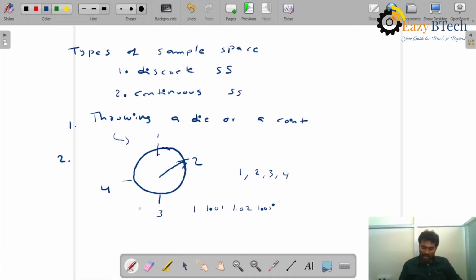That means between 1 and 2 you have an infinite number of possibilities for the needle to stop.